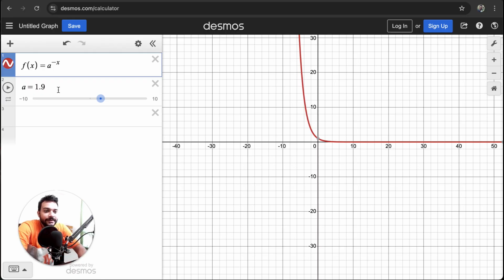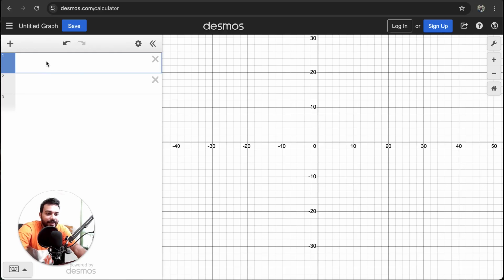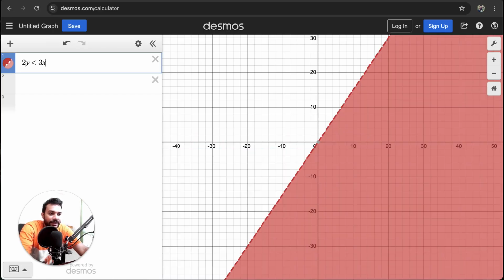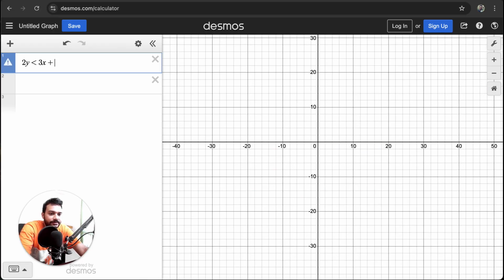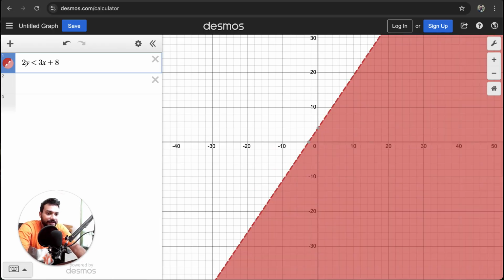Okay, this is fine. Now let's see how to solve inequalities using Desmos. It's a good use case. I take the first inequality as 2y less than 3x plus 8.